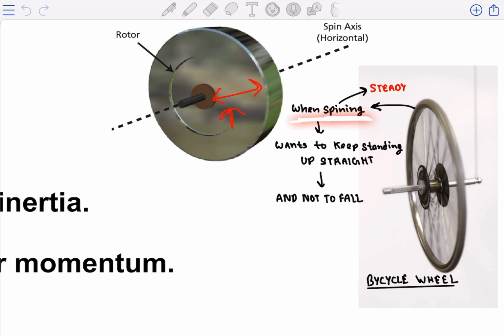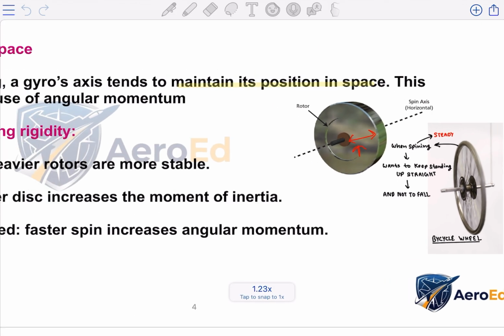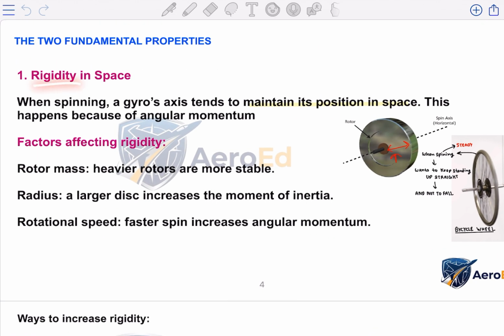The wheel of the bicycle also rotates, which makes the bicycle more stable. As we increase the speed of the bicycle, it becomes more stable, and now you will not fall because it resists falling. So this is rigidity. When spinning, a gyro's axis tends to maintain its position in space. Alright, I hope you understood this.